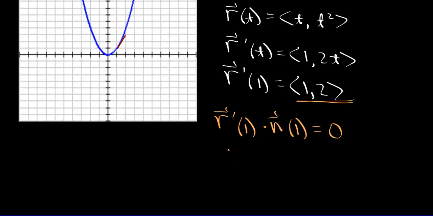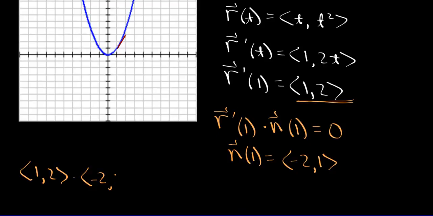Okay, so let's look at this. We could say this is negative 2, 1. And notice, if you take 1, 2 and dot product with negative 2, 1, you get negative 2 plus 2, and you get 0. Now, we need to pay attention to something here.